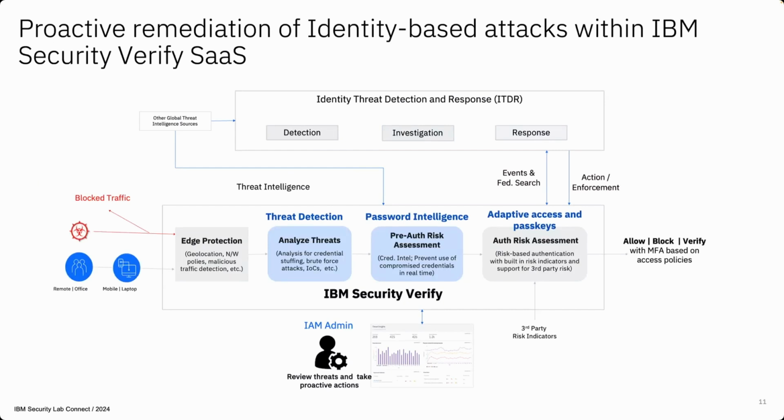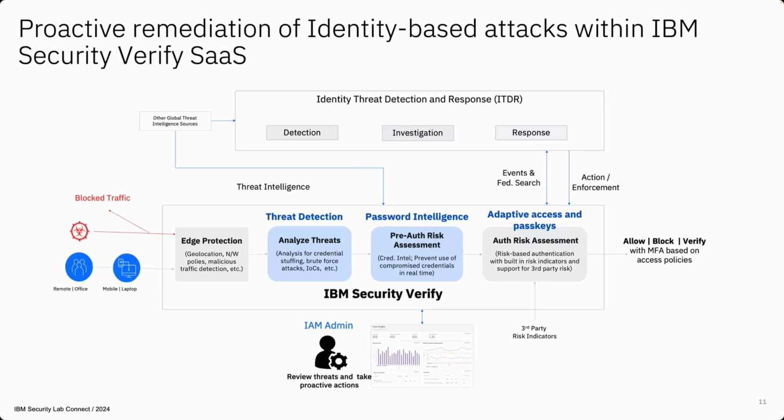So on the bottom is where we have our native threat detection and response capabilities in the box that says IBM Security Verify. We do a few things to assess this, so I'll keep this very simple so we can get into some of the details for each of these.